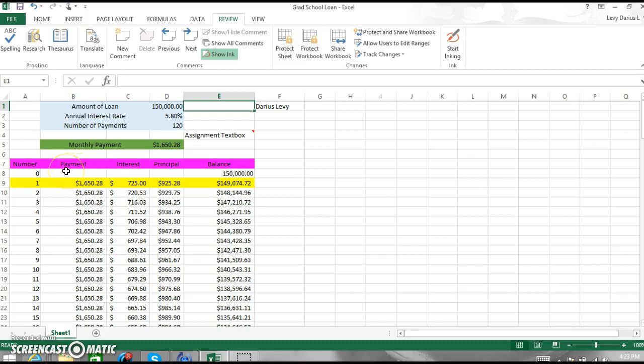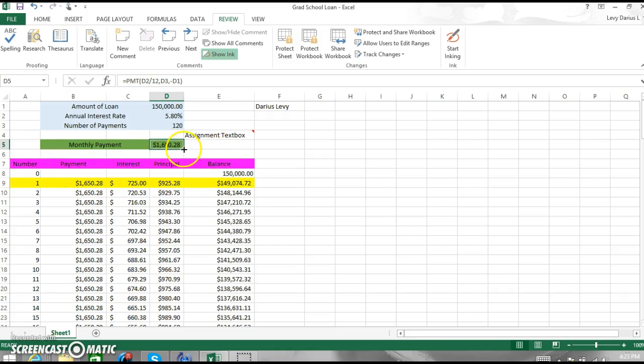Once I did that, I clicked on D5 and I put in this equation right here. Once I plugged in these numbers, it would give me the amount of monthly payments.